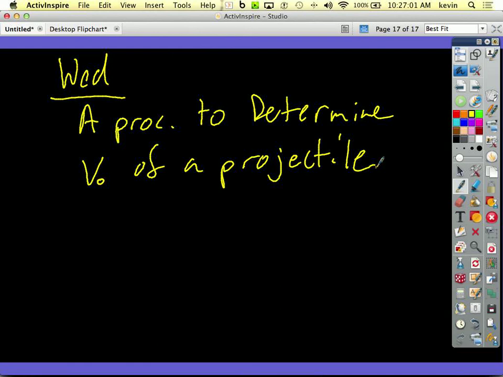And you will have exactly one piece of equipment, a ruler. But of course, I don't know if this is equipment, but this is the test subject. This is your projectile launcher. That's it.